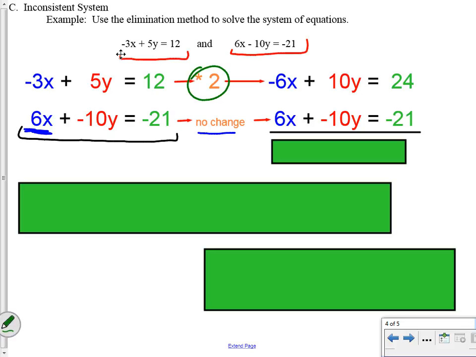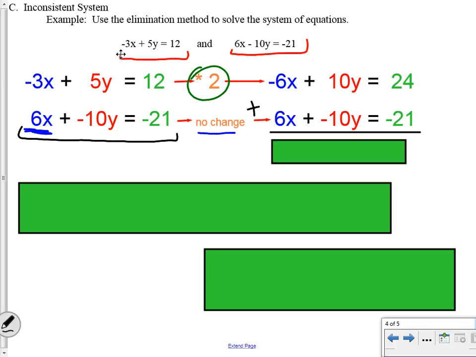The second one didn't change, so we just keep it at 6x plus negative 10y. Or again, our original one had minus 10y. I just changed that to an addition, adding a negative 10y, equals negative 21. So we have our two equations set up one over the other.